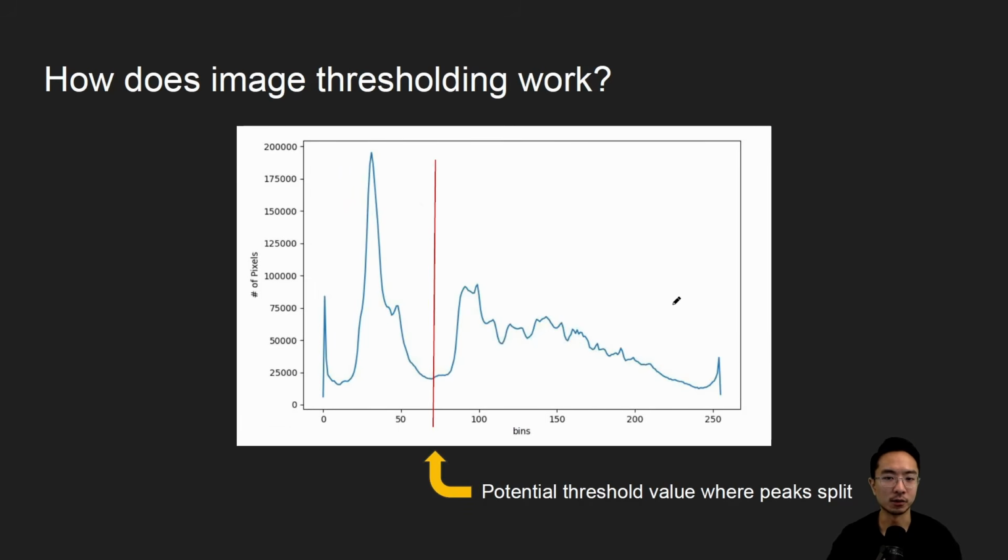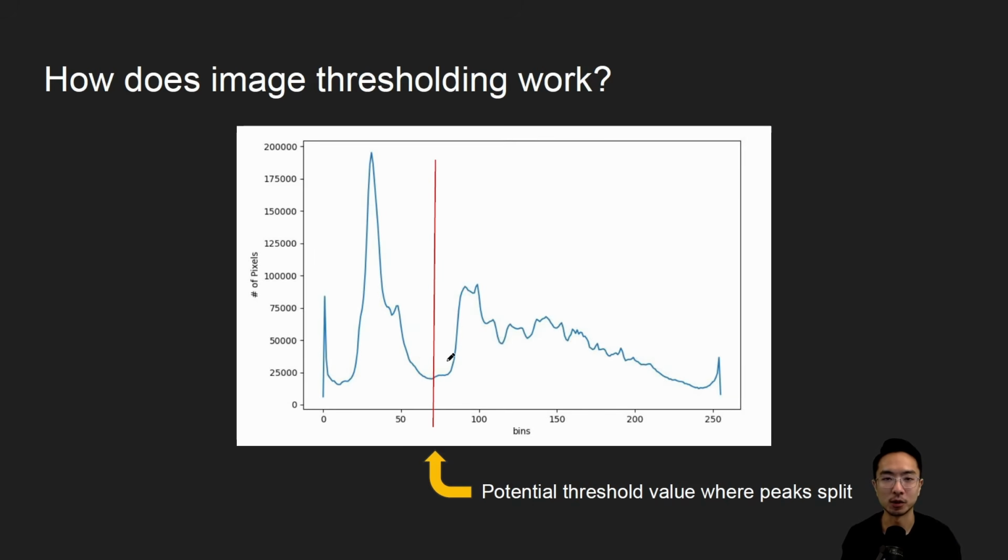Okay, so how does it work? A little bit more detail. Typically, you need to choose a threshold value. Depending on how you want to choose the threshold values, there's a lot of different ways. But one of the more useful ones is you could plot a histogram like we have here, and then based on the histogram, you could decide how you want certain groups of pixels or peaks to be split in half.